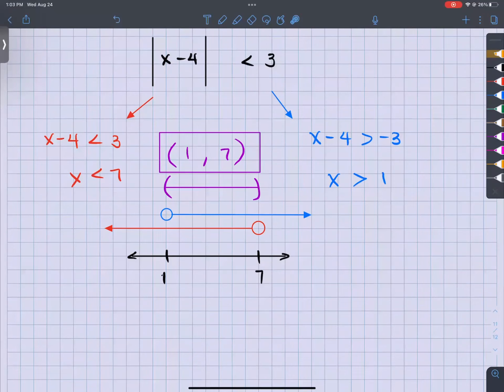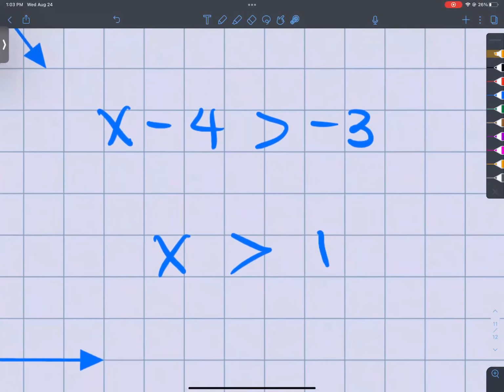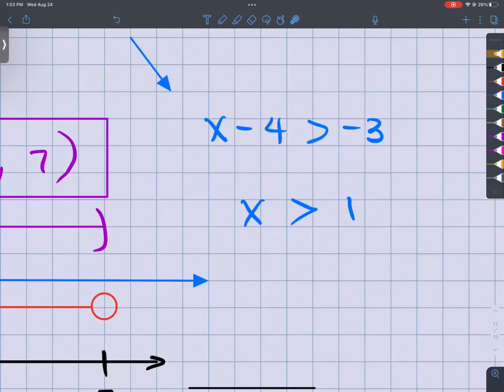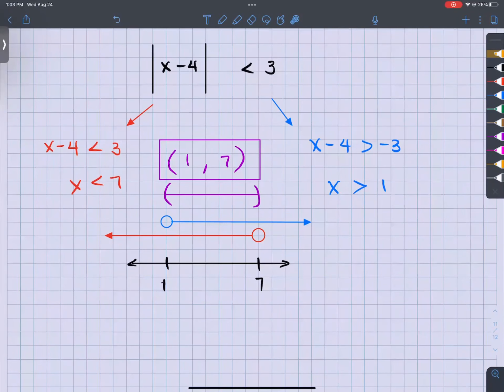But because it's negative, I have to flip the inequality. This has to flip when I do the negative. Always. Or you can think of it as like flip, flip, because I didn't just flip this, I also flipped this sign too, right? So I flip this sign and flip this sign.